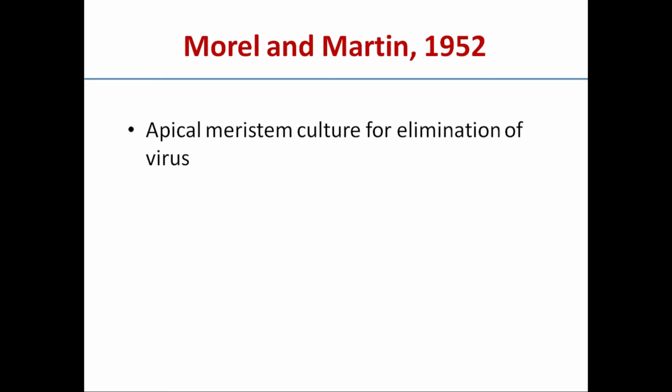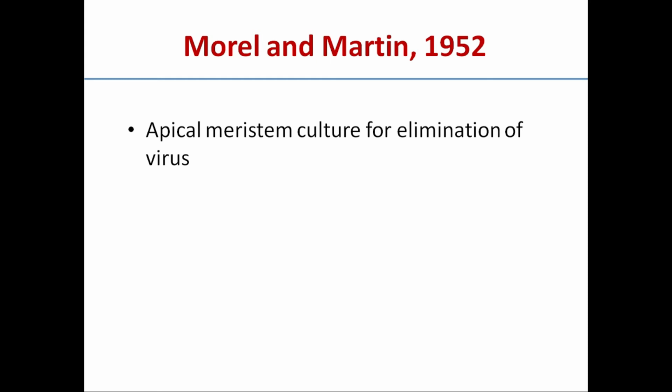So according to them, if that apical meristem is excised and grown in plant tissue culture media, then that apical meristem can be developed into callus, and from there numerous seedlings can be produced which will be virus free.